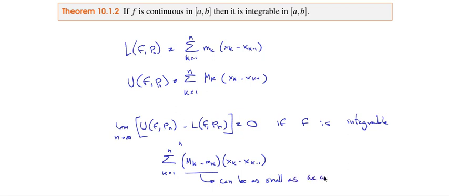So as we narrow the intervals, the distance between x_k and x_(k-1), the distance between capital M_k and small m_k will be getting smaller and smaller. And that means that in the limit this difference will go to 0. That's because of that property of continuous functions.